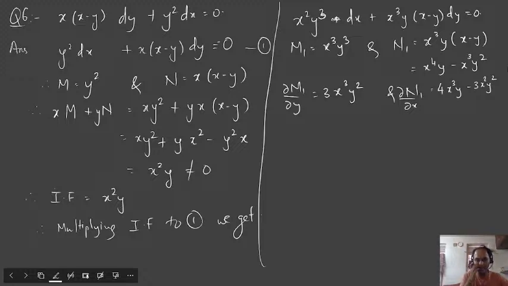The moment you multiplied here, x square has gone inside, x square minus y square, so x square y square, x square y cube.